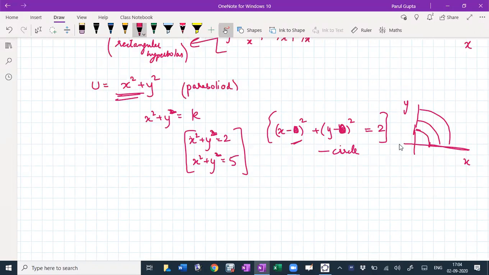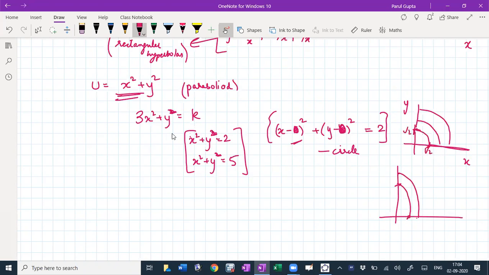So linear equations, rectangular hyperbolas, this kind of circle equation, and even something like 3x square plus y square would just be an equation of an ellipse. That would also look like this. It's just that the two intercepts would be different. Here with the circle, the two intercepts are equal, both are √2.